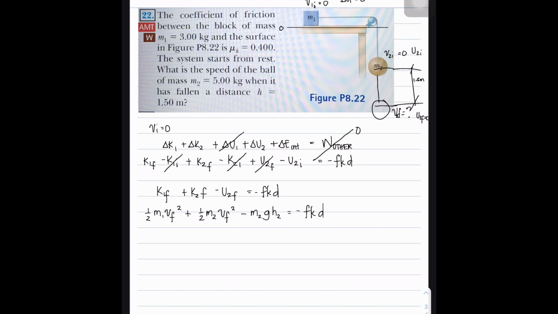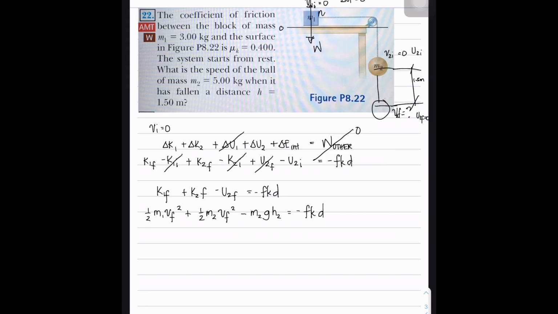And if we're going to take the free body diagram of our object, M1 is the only object that has friction here. So if we take the free body diagram here, it's the weight and that's the normal force, therefore normal force is equal to weight.